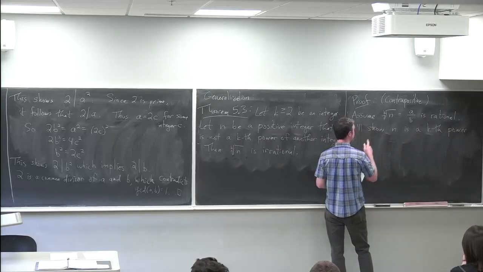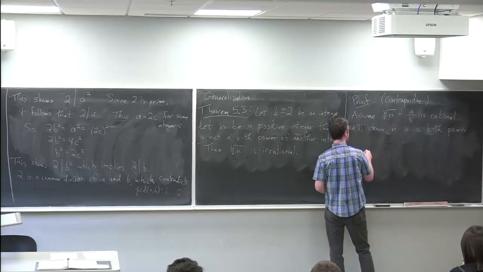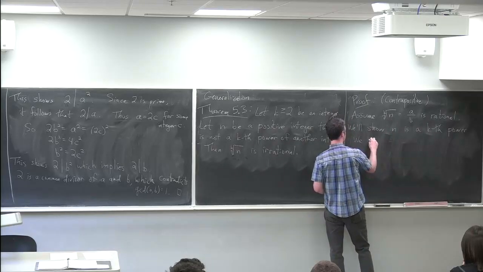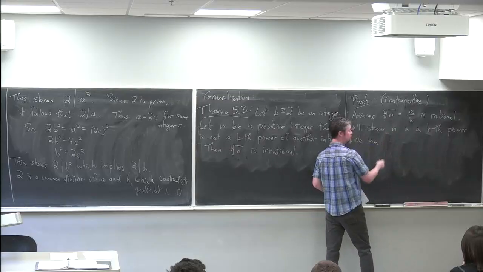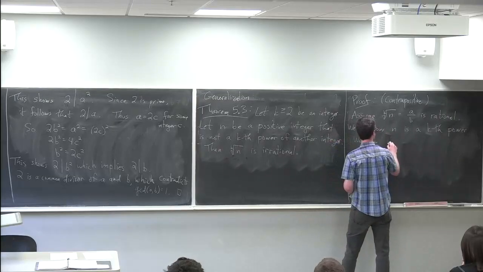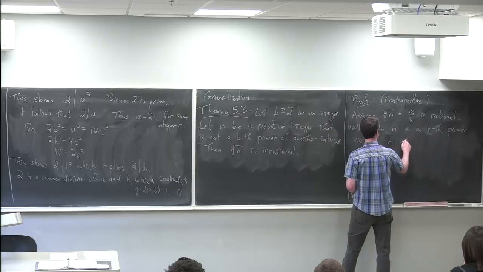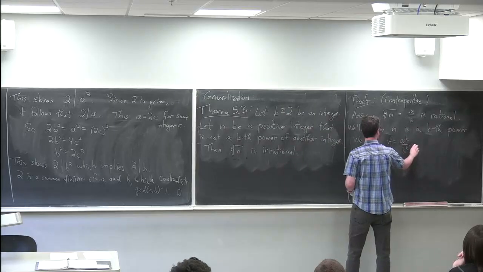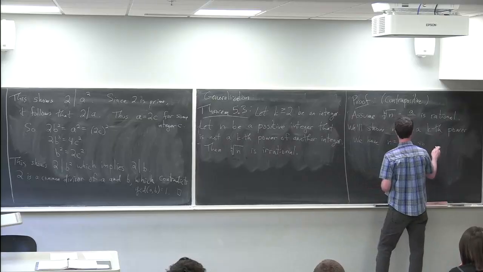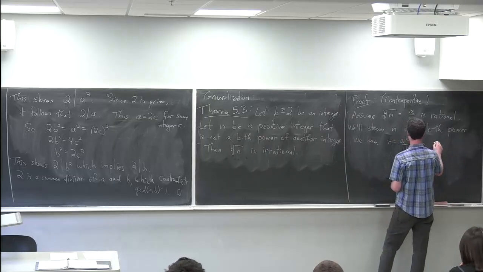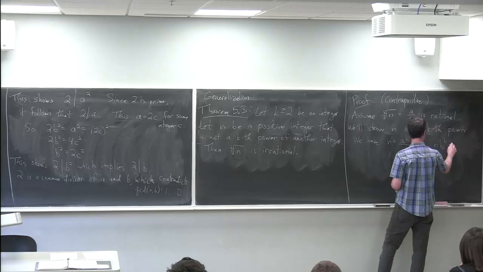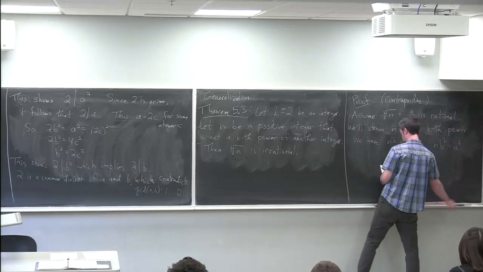Okay, so if the kth root of n is a over b, then by definition of kth root, you could raise both sides to the kth power to get that n is a to the k over b to the k. So what we have is that n b to the k is equal to a to the k.